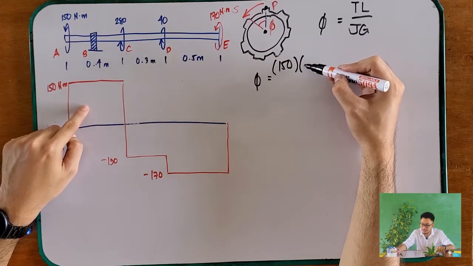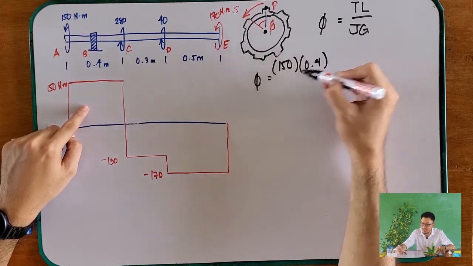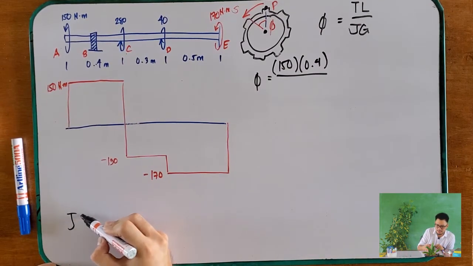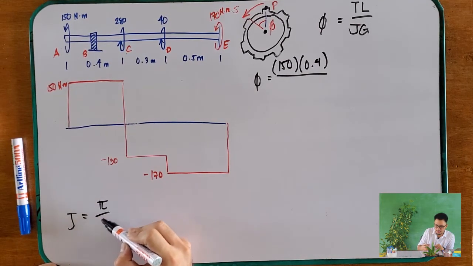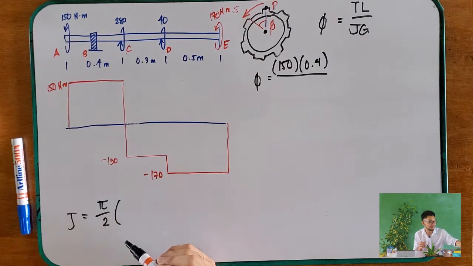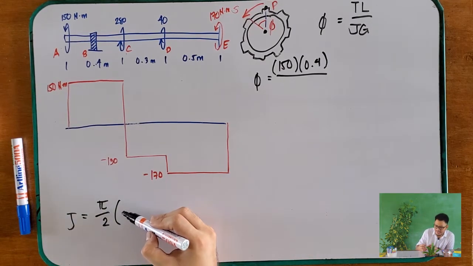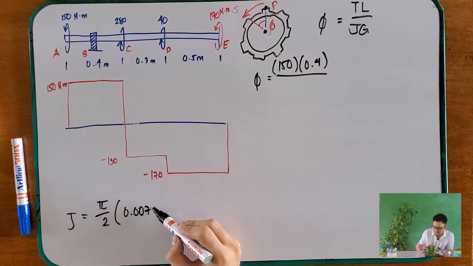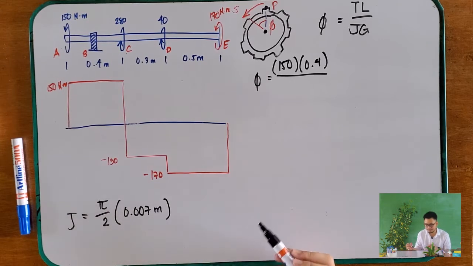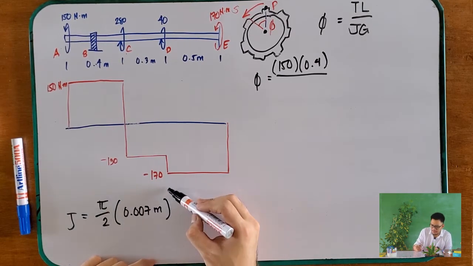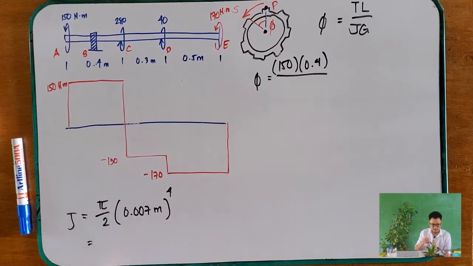L of 0.4. J of, solve pa ta si J. So, ang J is equal to pi over 2 times pilay radius to the fourth. So, diameter is 14 millimeters. So, that is 0.007 meters, I think. Radius, di ba? Okay. To the fourth. Kagamayan eh.